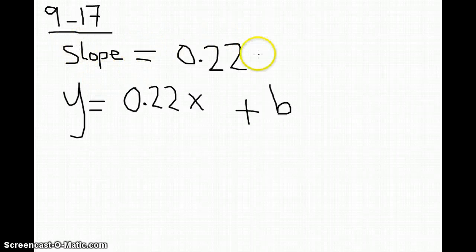Okay, now since the slope is 0.22, we can say the equation is 0.22x plus b. So let's calculate b.